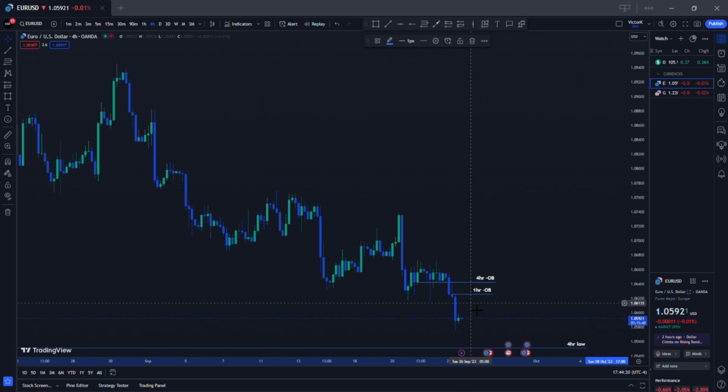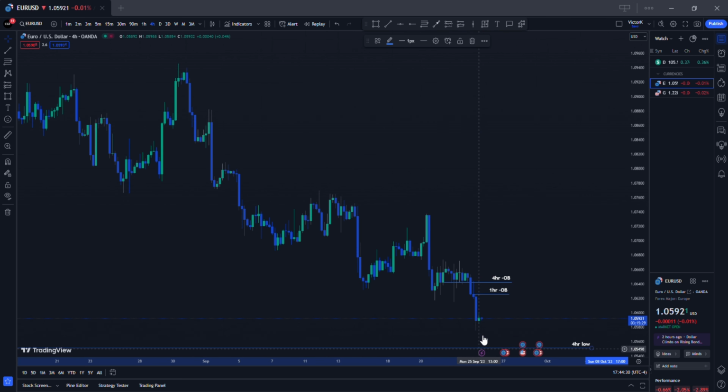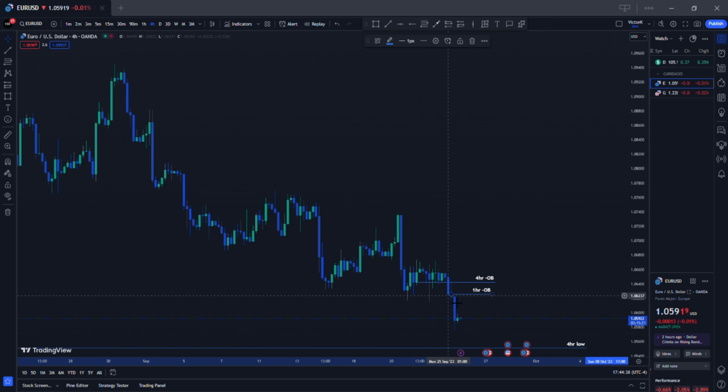So on the 4-hour chart here, you can see price has been pushing low and pushed very low today. Okay, and we have a 4-hour bearish order block here, but I don't see price pushing up to it. It might, but I feel like Euro USD is a little bit weak and it will not have the strength to go up into this area.